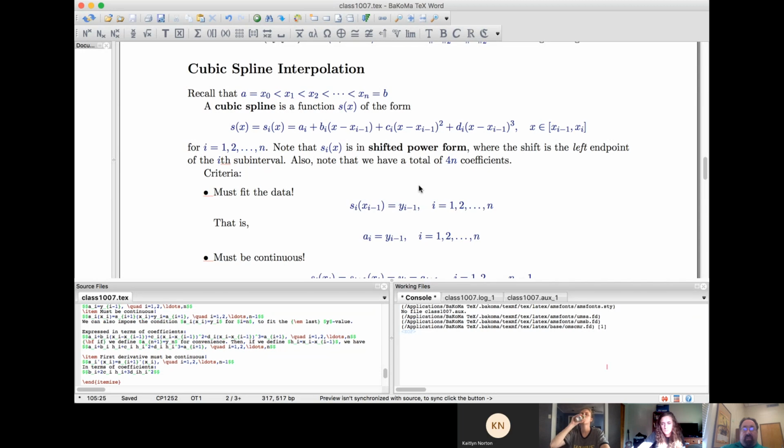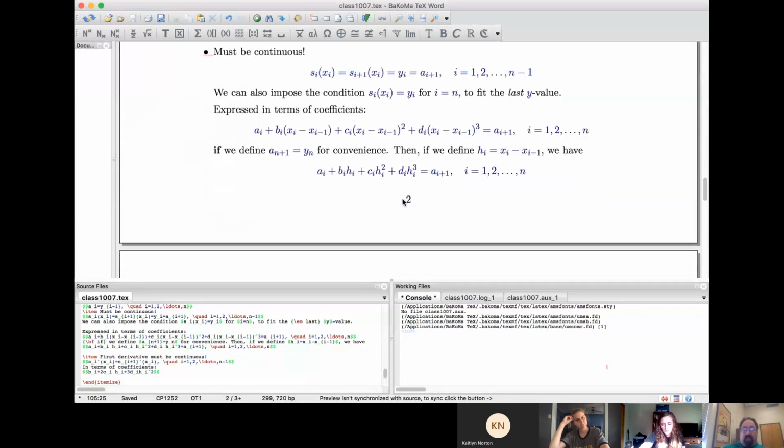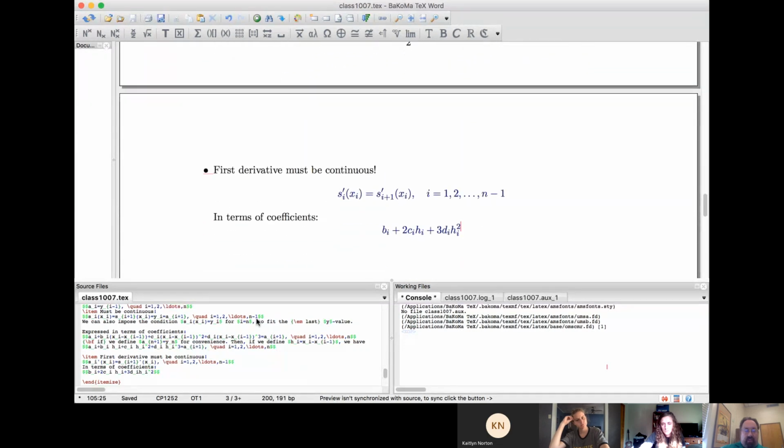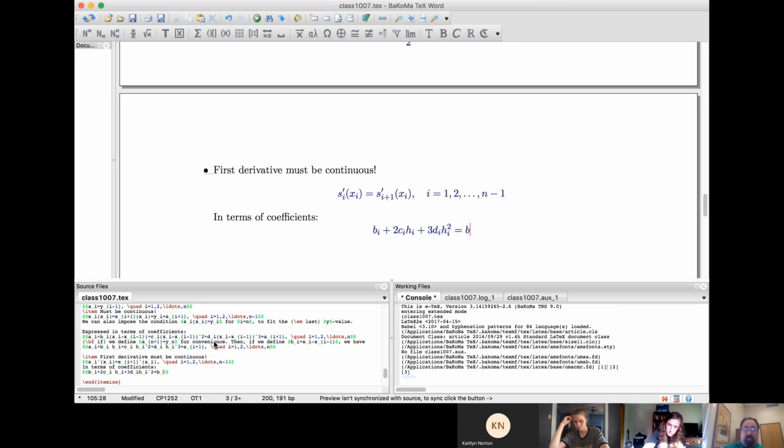And then, if you also take a derivative of the next piece, piece i plus 1, what you would get is bi plus 1.